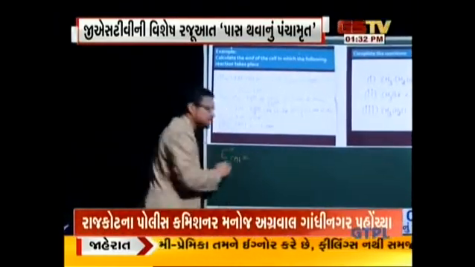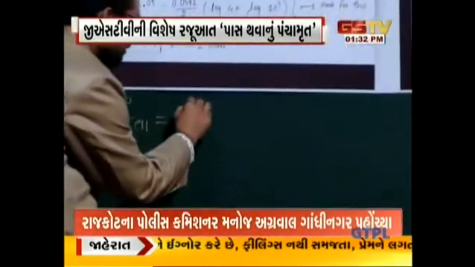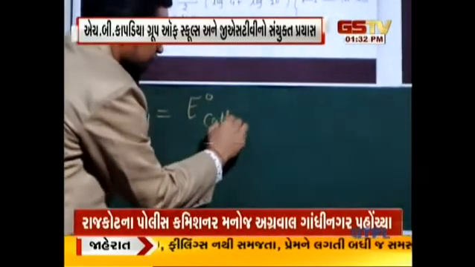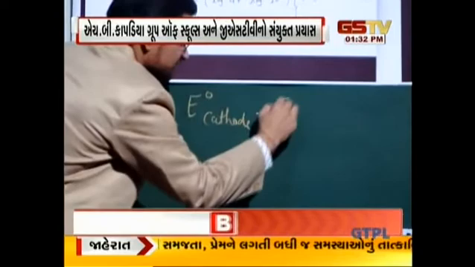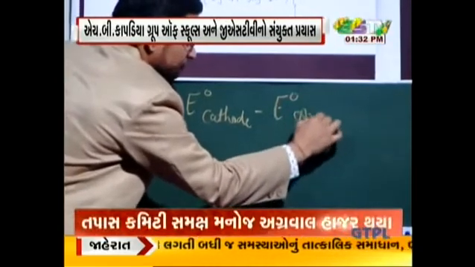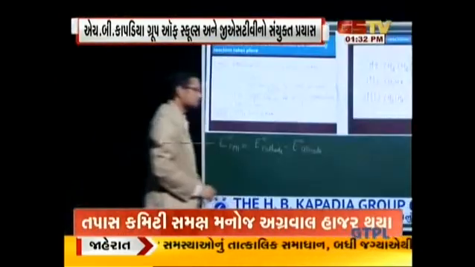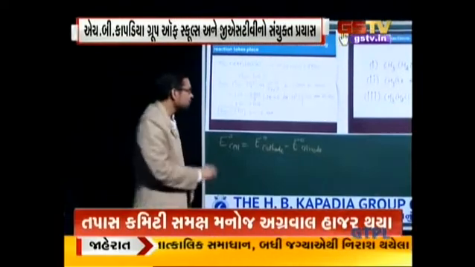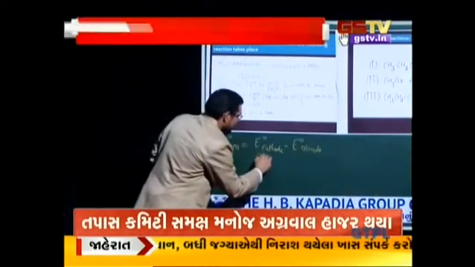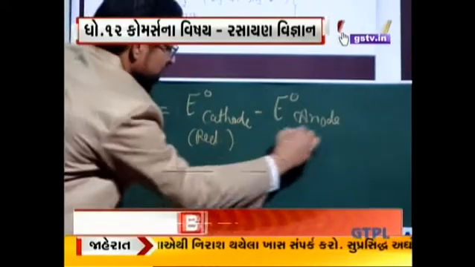E naught cell is equal to E naught cathode minus E naught anode.